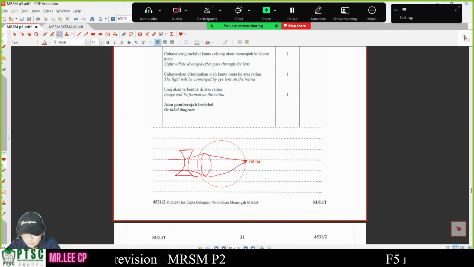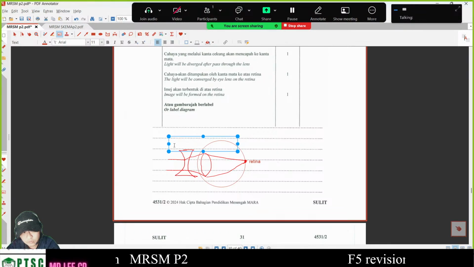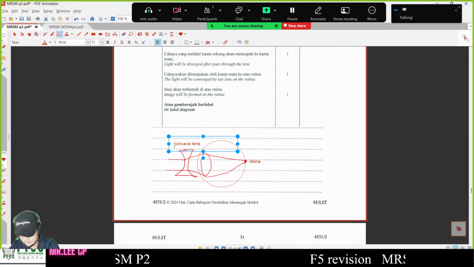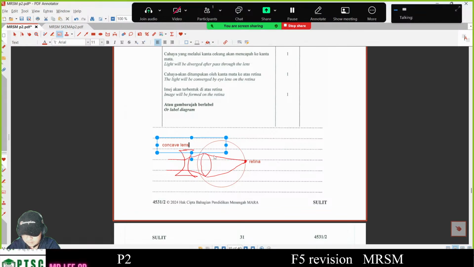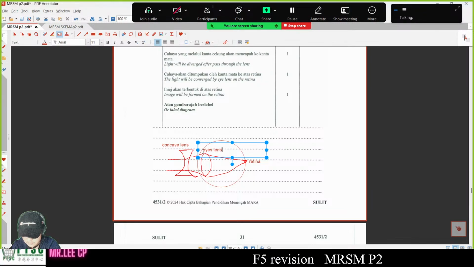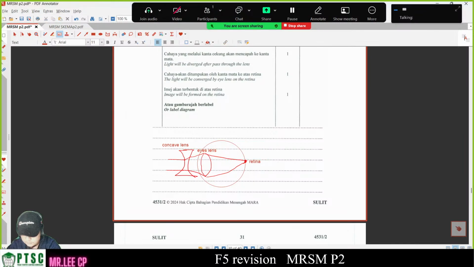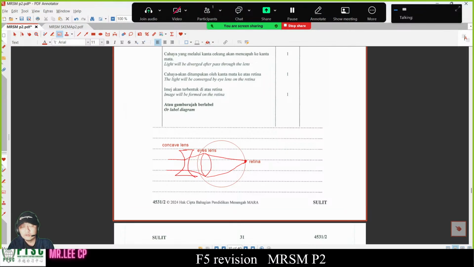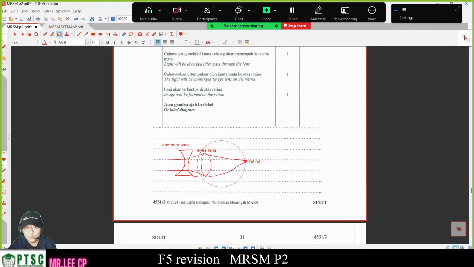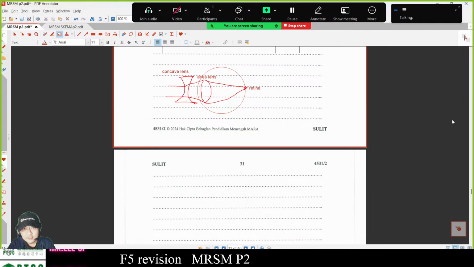This one might give you a lot of marks. If you don't know, you just draw this, they will consider giving you marks. Okay, this is what we have. I hope you can get 3 marks. Okay, so next one.